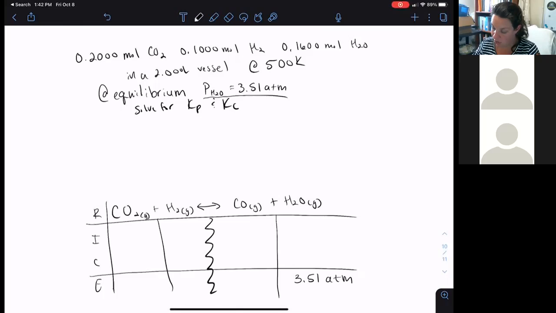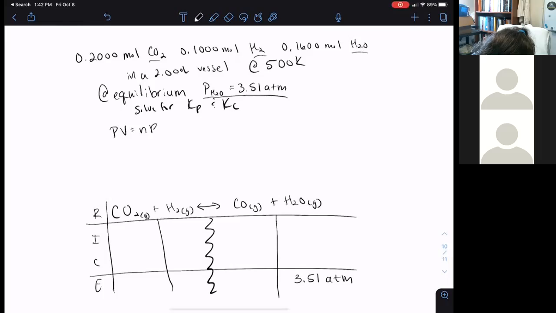So we need to figure out our initial partial pressures of CO2, H2, and H2O. To figure that out, we are going to have to use the ideal gas law.